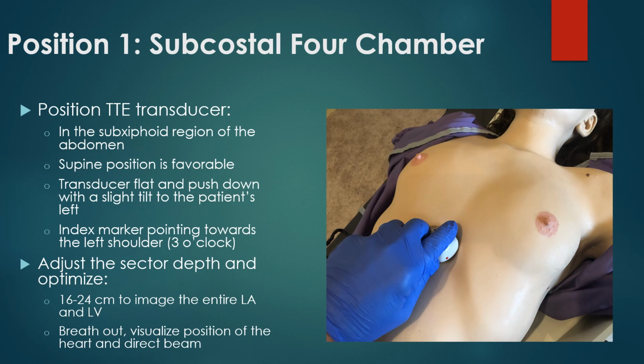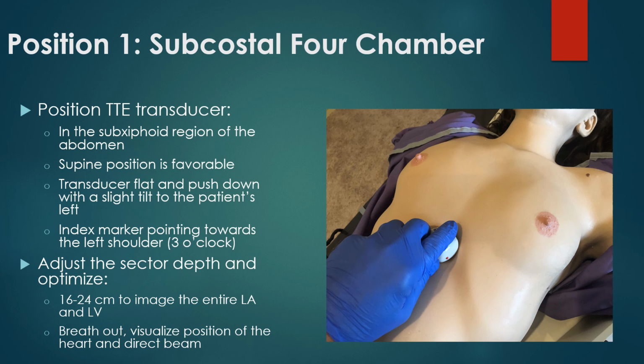So we're going to start scanning from the first position, which is the subcostal four-chamber. This is a very convenient position for us because the patient is flat on their back. We can typically reach right underneath the subxiphoid, and typically it's an overhand grip compared to a pencil grip, which is what you may be used to if you've done some scanning already. Then you're going to push down, and redirect towards the left shoulder, the index marker pointing towards the left shoulder at 3 o'clock.